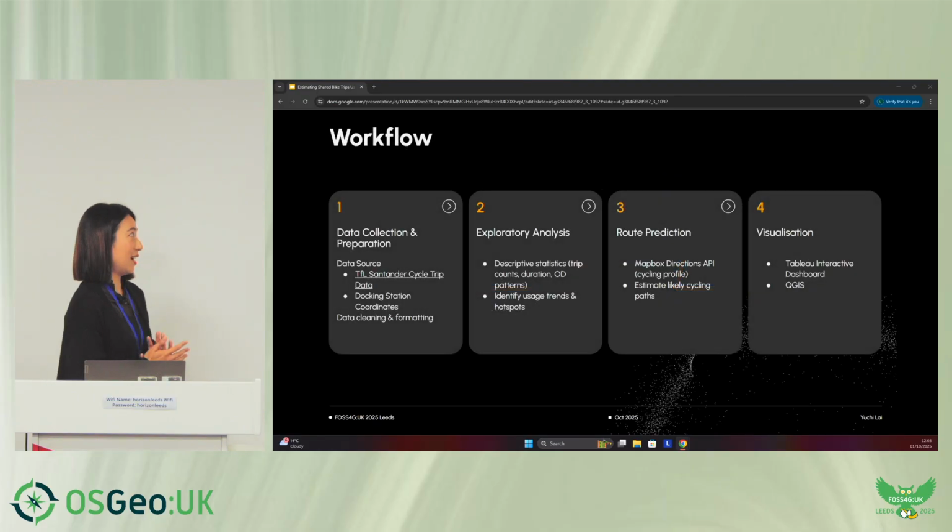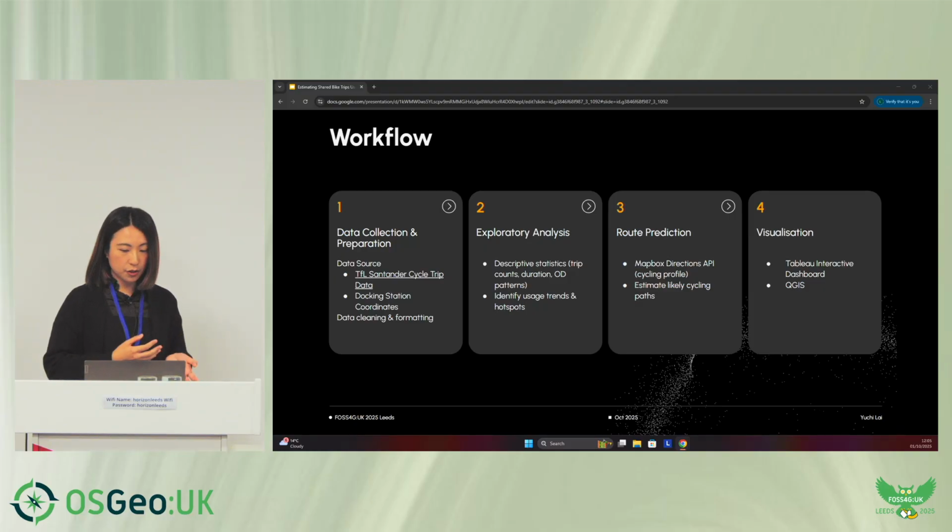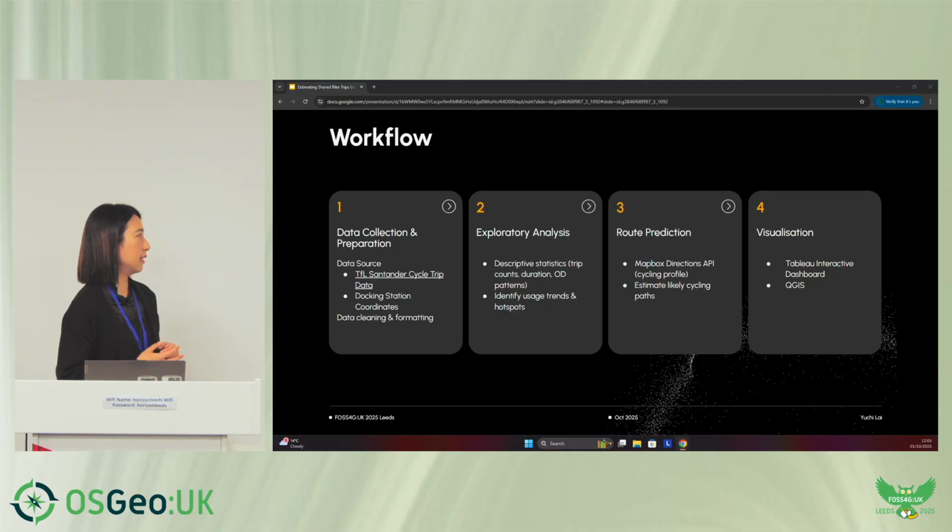This is the workflow of my project. The first step is I collect the data, do some data cleaning, join the data and fill some missing data in the data set. The second is I do some basic analysis to know the most popular stations and the average duration.